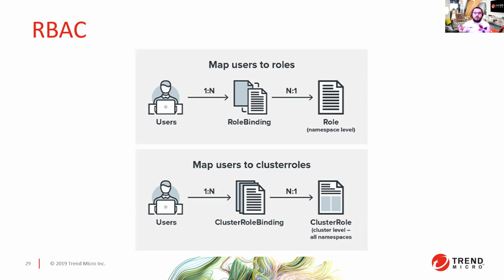And role binding basically binds these permissions from the role to one or more users, so a set of users. And the other two objects, cluster role and cluster role binding, are basically the same thing, but they're not tied to a namespace, and they will be applied at the cluster level. So all the namespaces on the cluster, and so they are more permissive, so be careful with that.